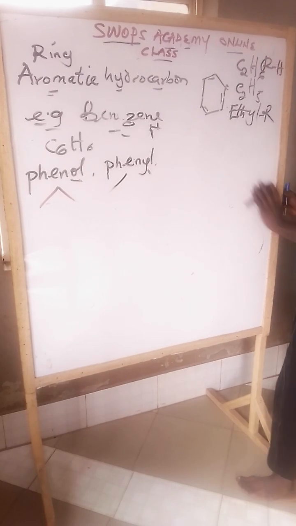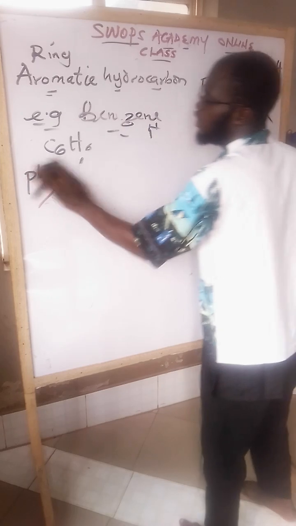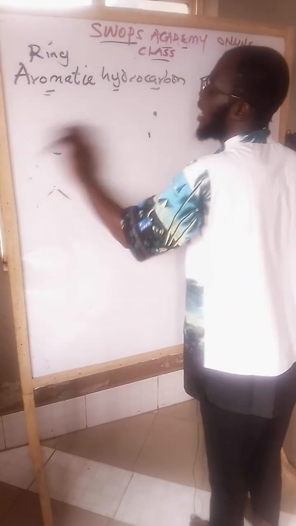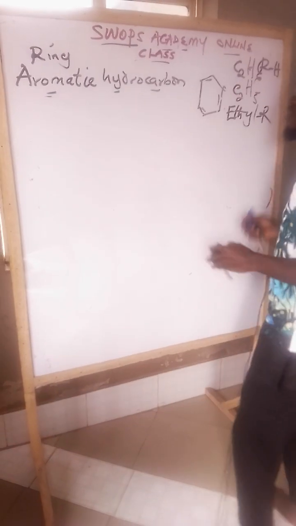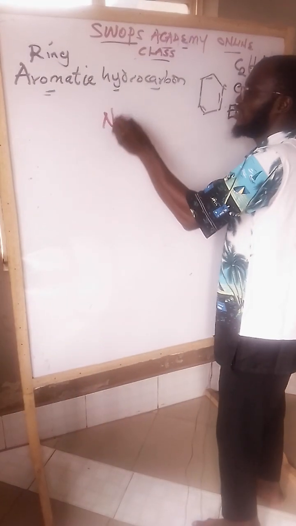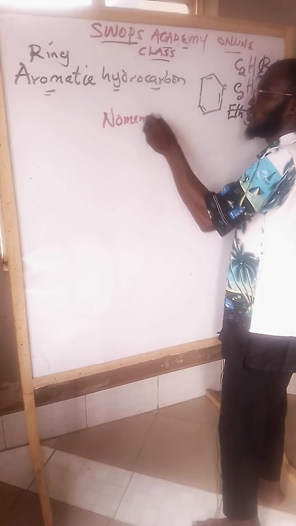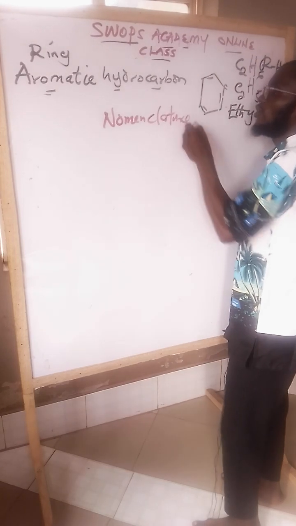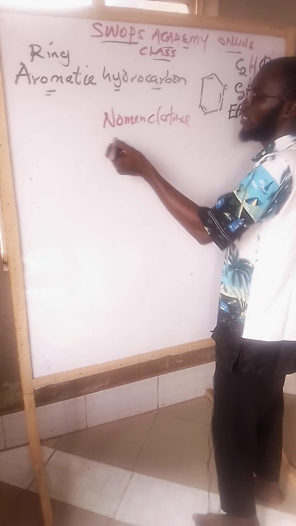We have picked phenol now. What are the rules guiding the art of naming phenol? See, I told you that the nomenclature, you have to understand that the nomenclature guides how to name.